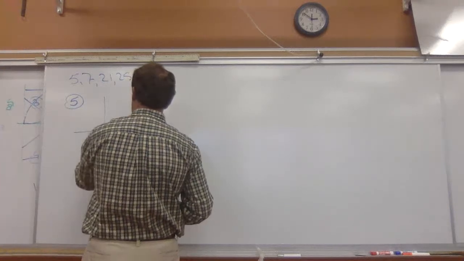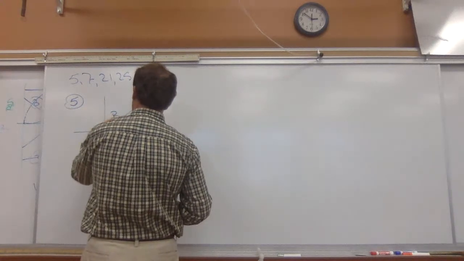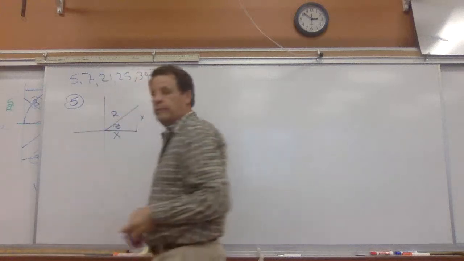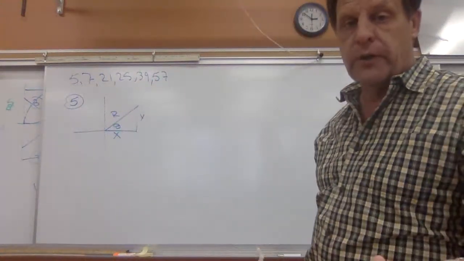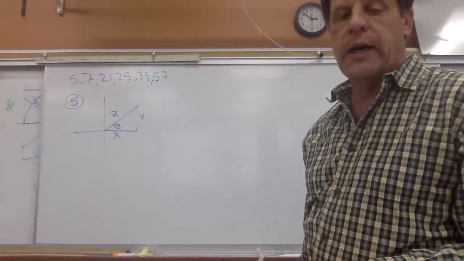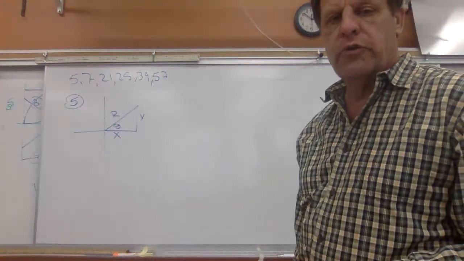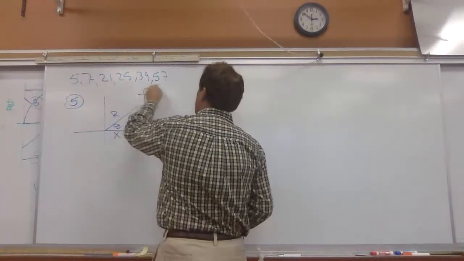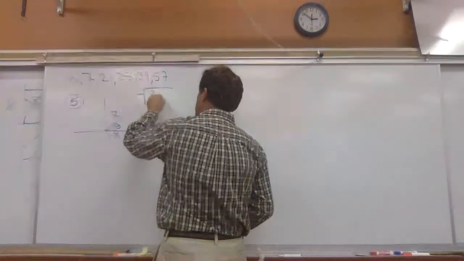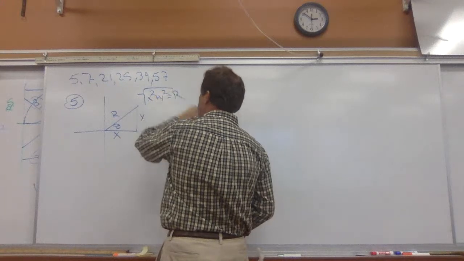and y, and then there is r, and there is theta. So remember, basically what they're asking you to do is convert, even though you do not know the actual numbers, you can still get this. Remember that the square root of x squared plus y squared is equal to r.